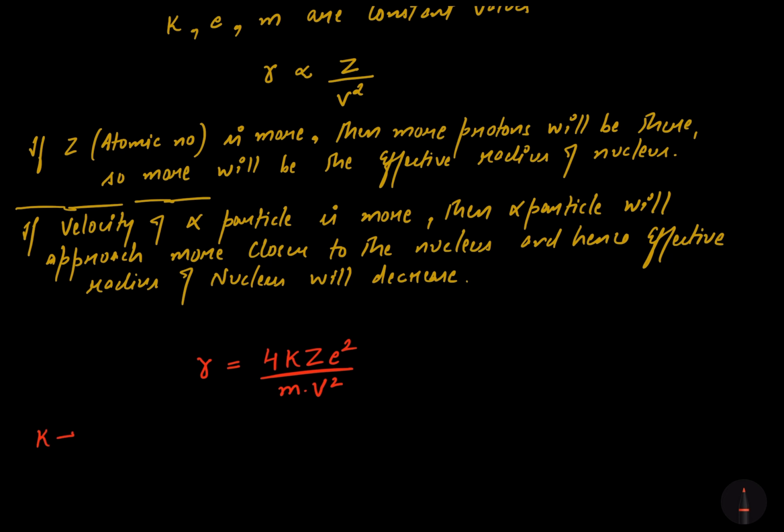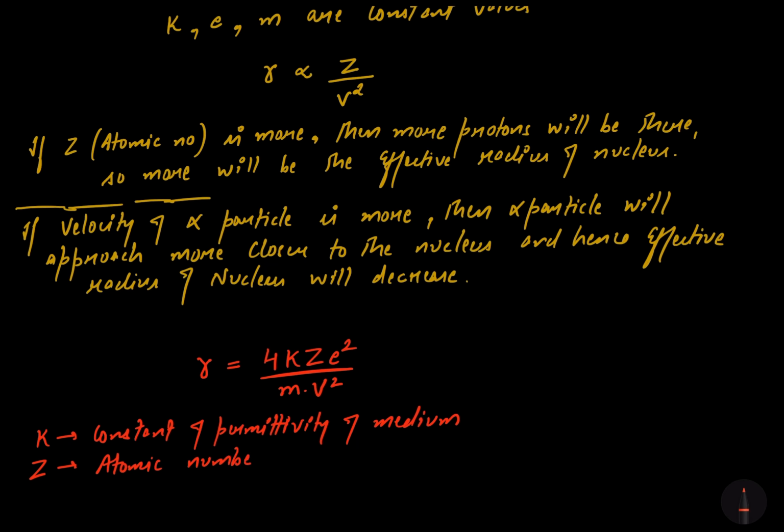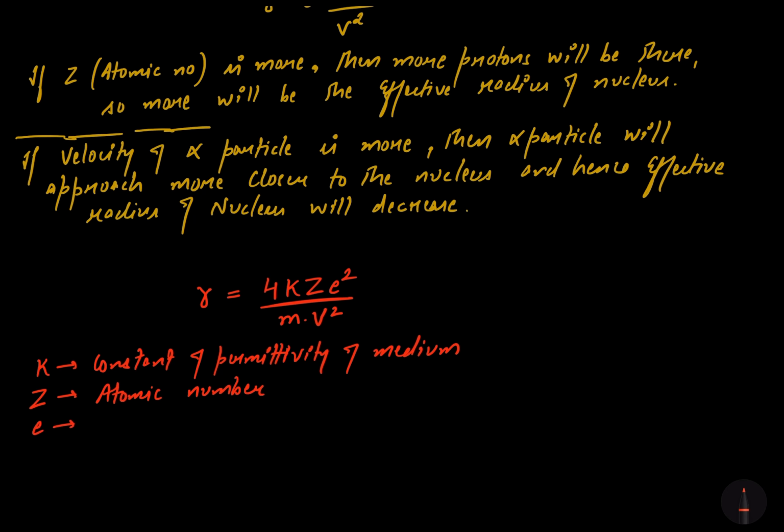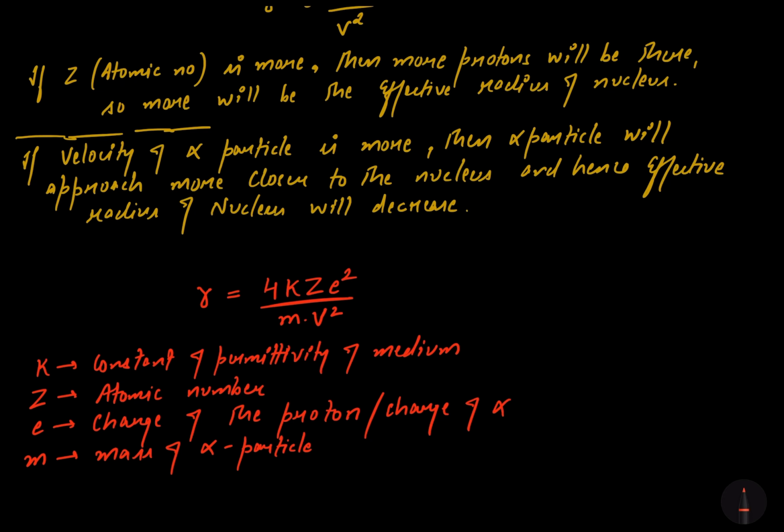where k is the constant of permittivity of medium, Z is the atomic number, e is the charge of the proton, m is the mass of alpha particle. e is the charge of proton, also the charge of alpha particle.